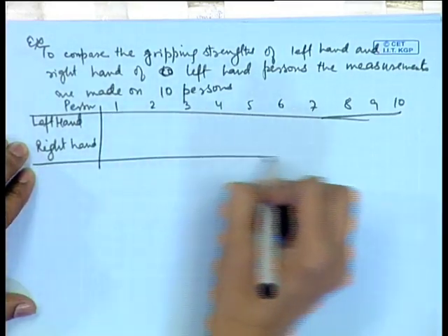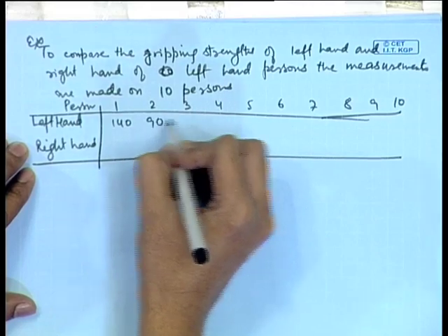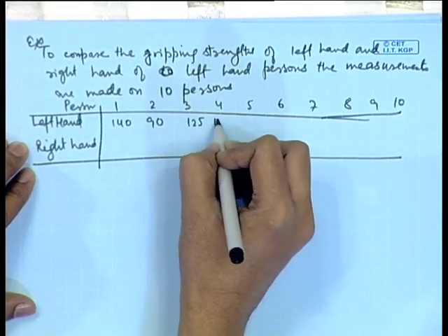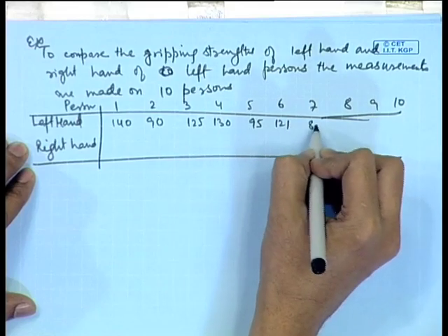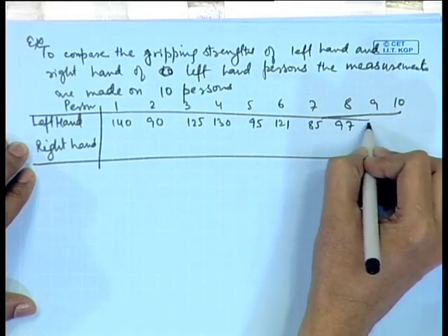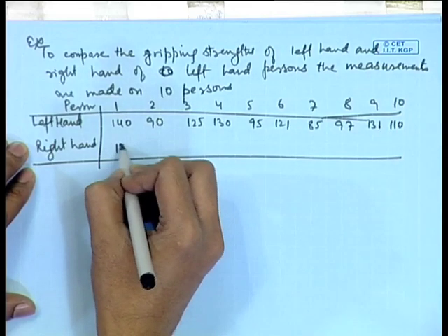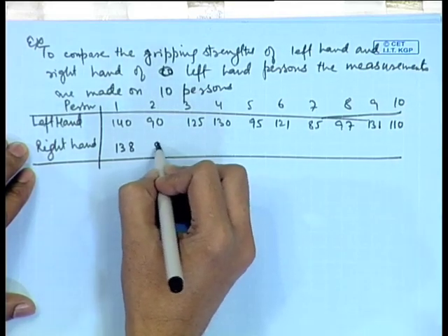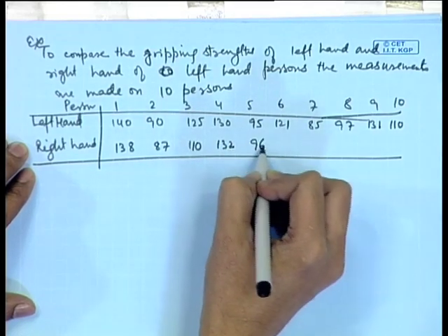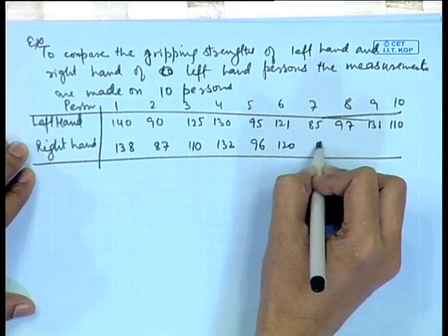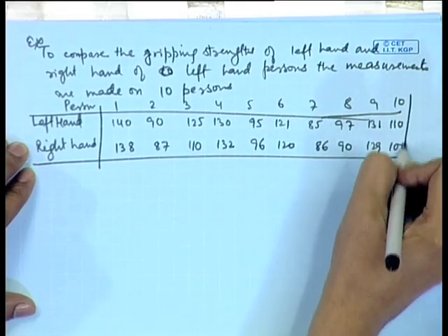The gripping strengths are measured as 140, 90, 125, 130, 95, 121, 85, 97, 131, 110. For the right hand it is 138, 87, 110, 132, 96, 120, 86, 90, 129, 100.